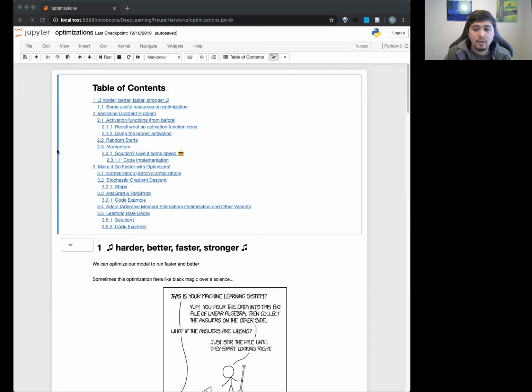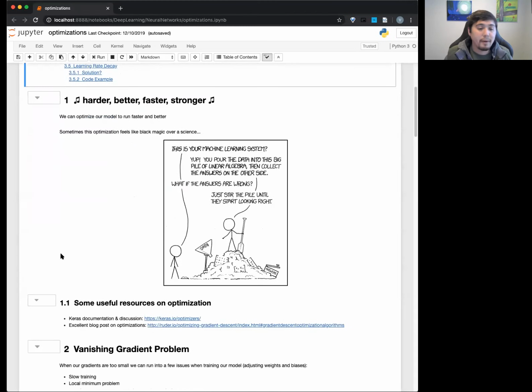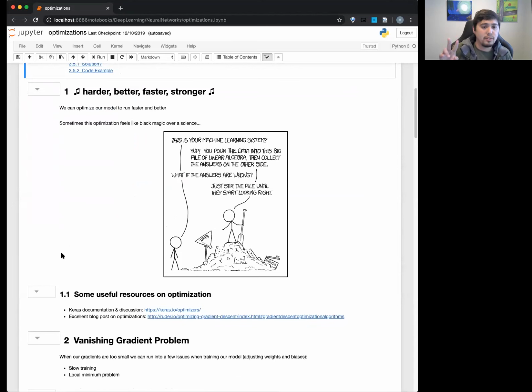All right, a couple study groups ago, we talked about overfitting, making sure things don't overfit. And then we started talking about optimizations yesterday, and so we're going to continue that. Just a quick reminder, optimizations basically do two things. One, we're able to converge to our global minimum faster.